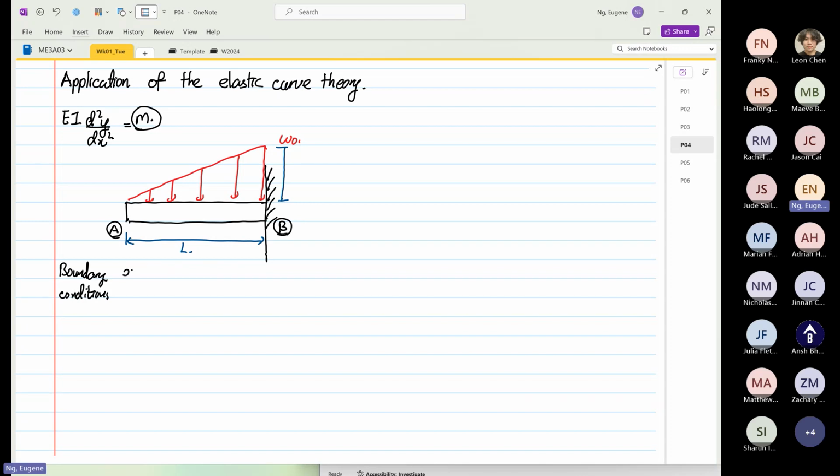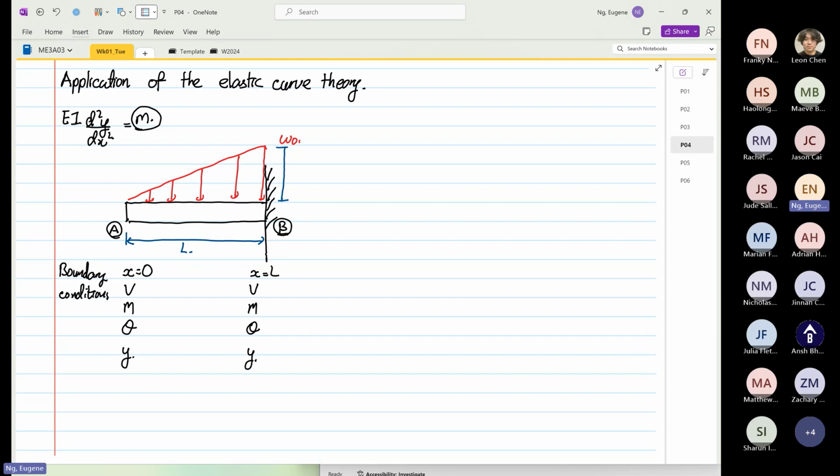We're going to start from x is equal to 0 at point A, and x is equal to L. The sequence we're going to go through is V, M, theta, Y on the left-hand side, and on the right-hand side is also V, M, theta, Y.